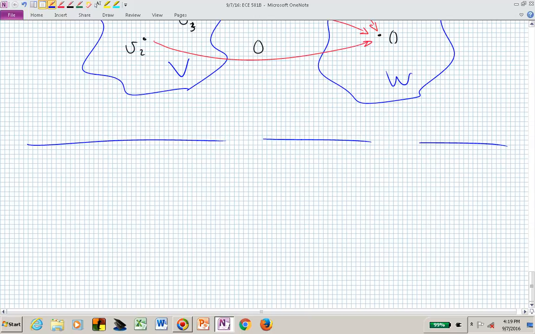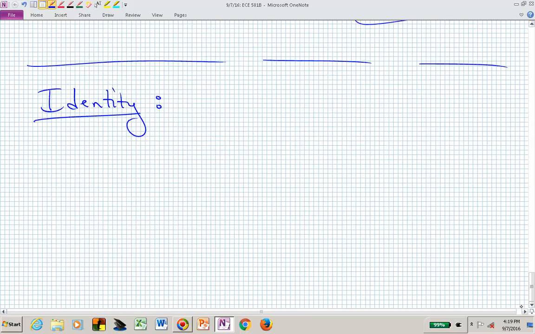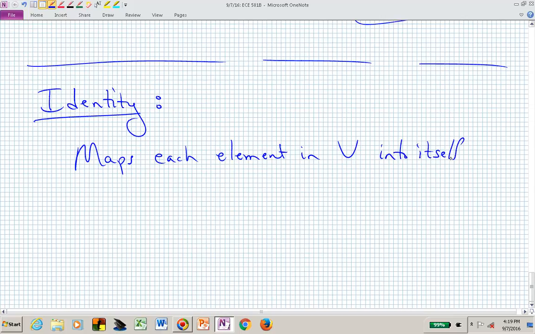Another linear map is something called the identity map. This maps each element in the input vector space V into itself.